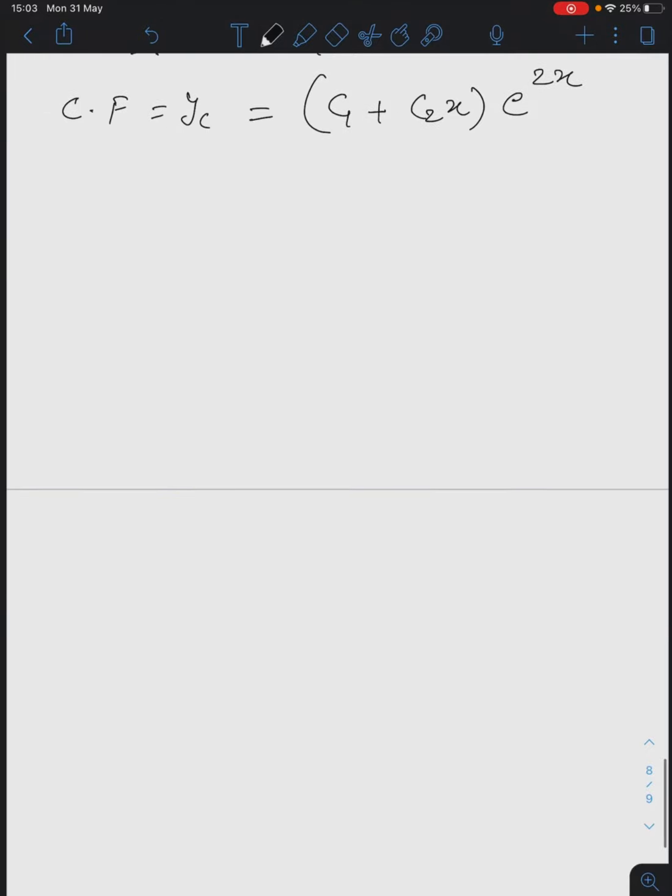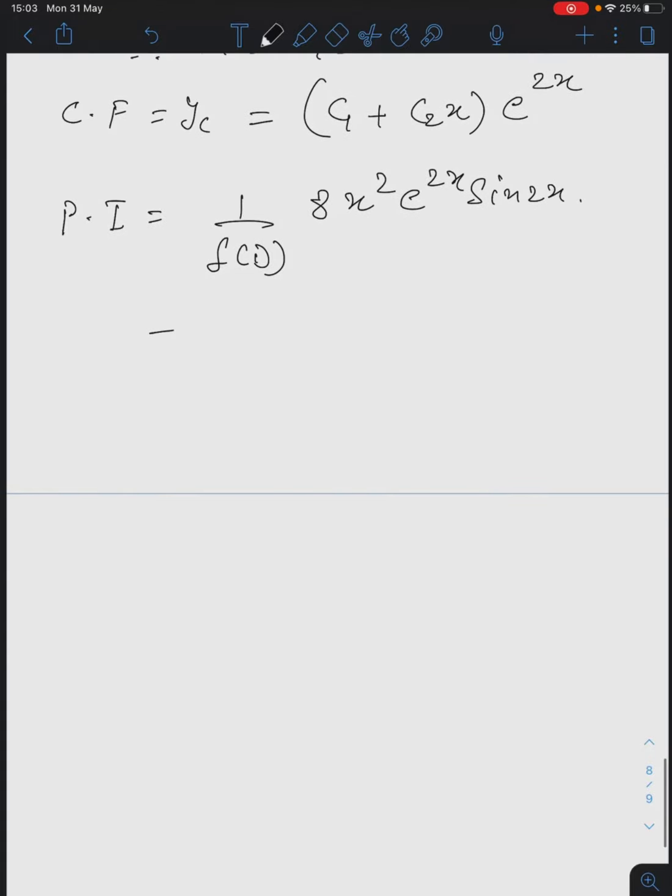Now let us go to find the particular integral. Particular integral will be 1 by f of d on 8 e to the power 2x, x square sine 2x. Let me write in this form first whatever they have written. Now look here, 8 anyhow is a constant.